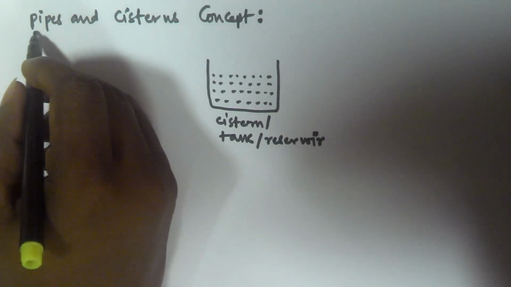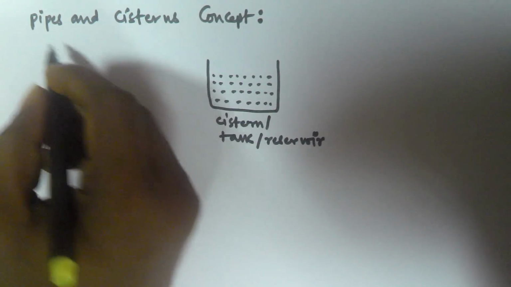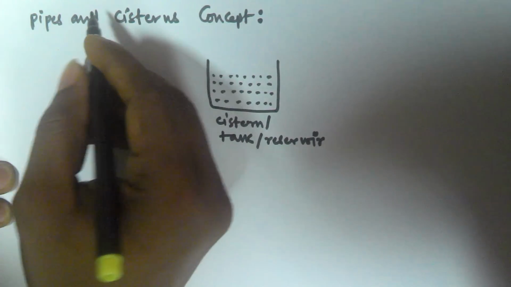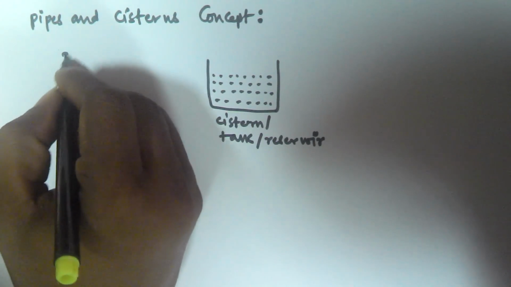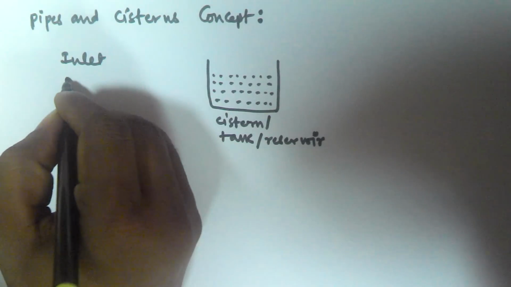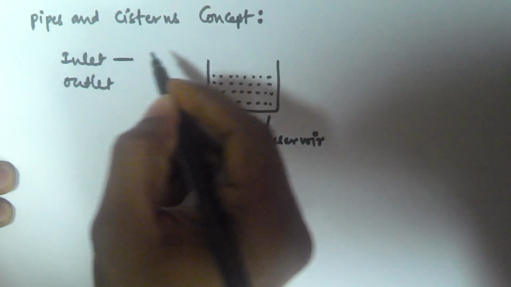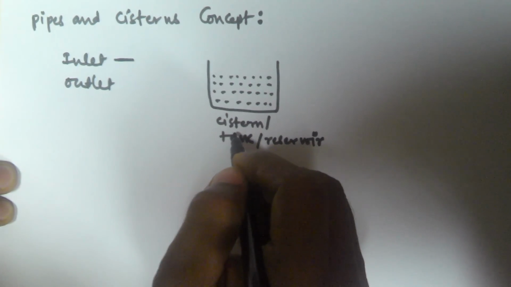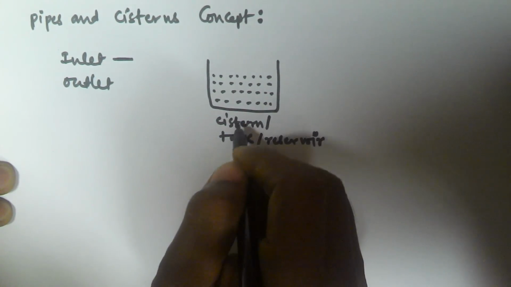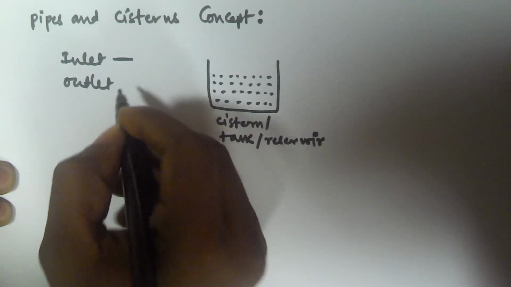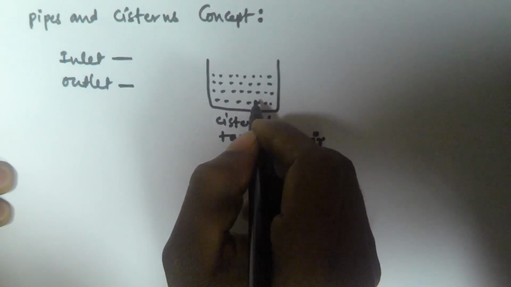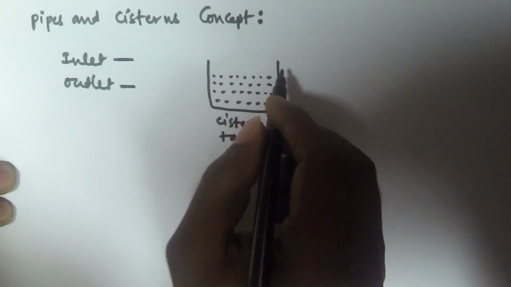So now let's take the pipes. Pipes are of two types in the pipes and cistern concept: one is inlet and the other is outlet. An inlet is a pipe which is connected to the cistern and fills the cistern. An outlet is connected to the cistern and empties the cistern.